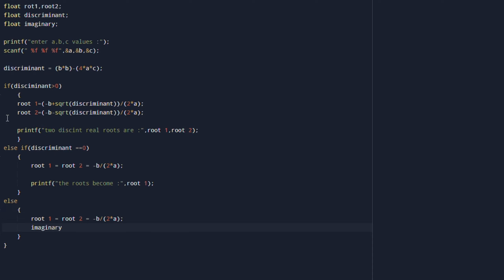Imaginary is equal to sqrt of minus discriminant by 2 star a.